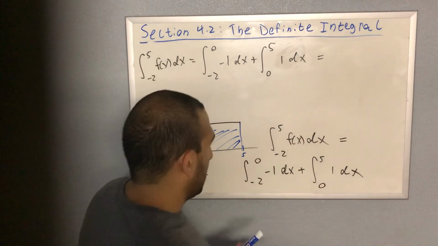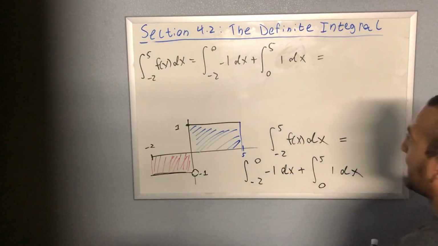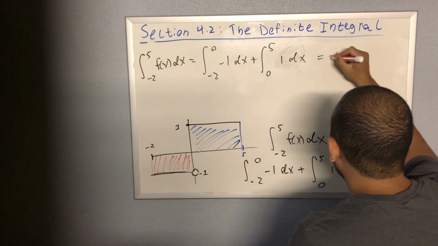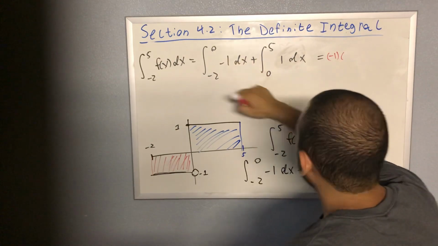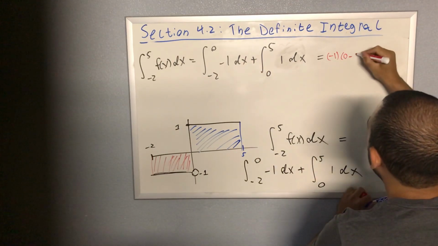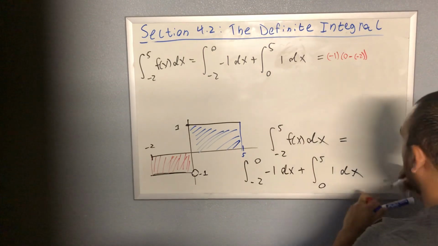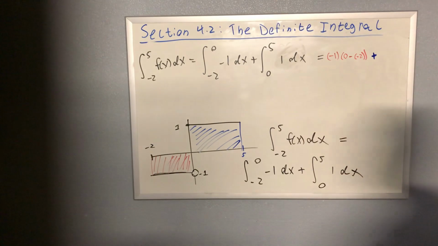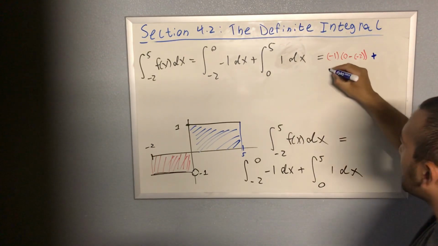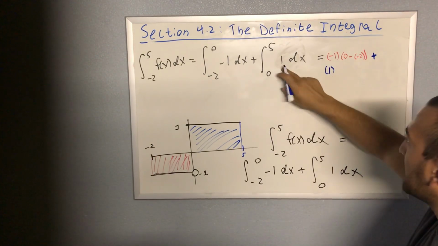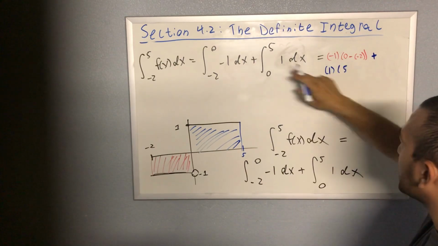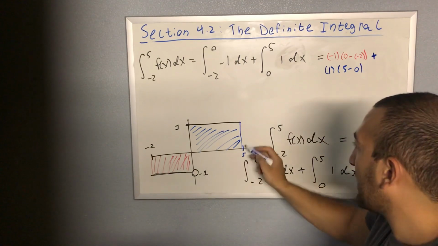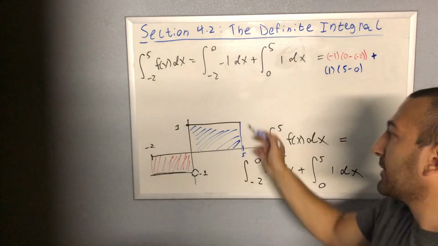Again, if we use that property, C is -1, times B minus A, so 0 minus -2. And then plus, again using that property, C is 1 in this case, times B, which is 5, minus A. Again, this width is 5, the height is 1, so the area is 5 times 1.